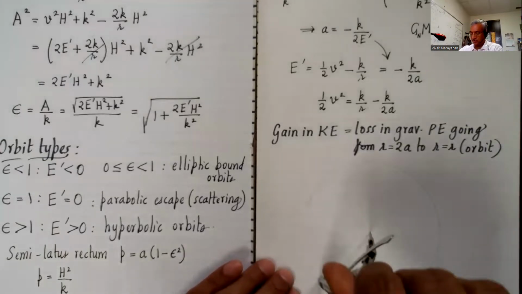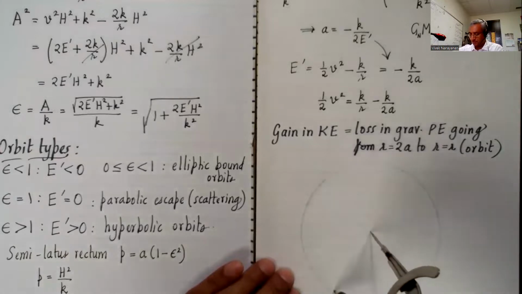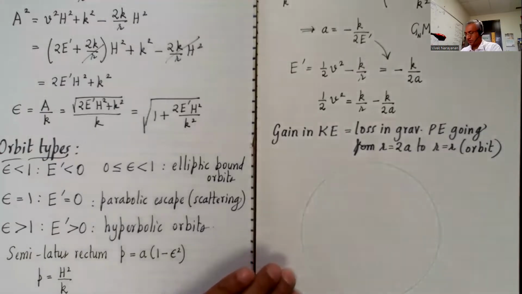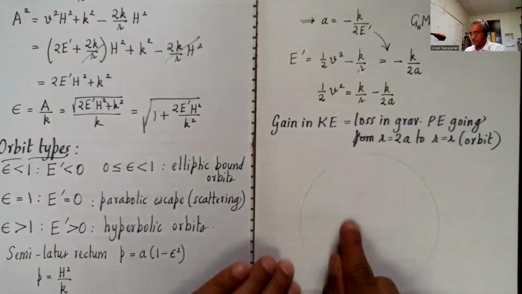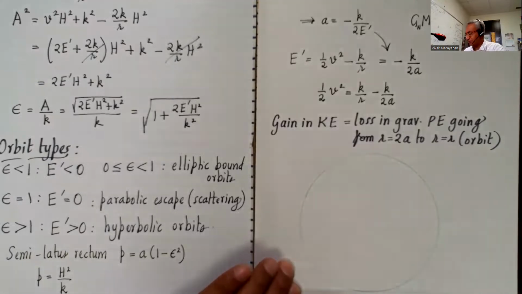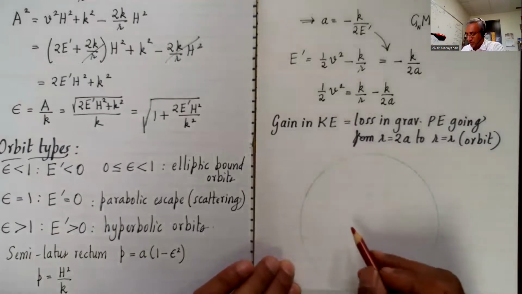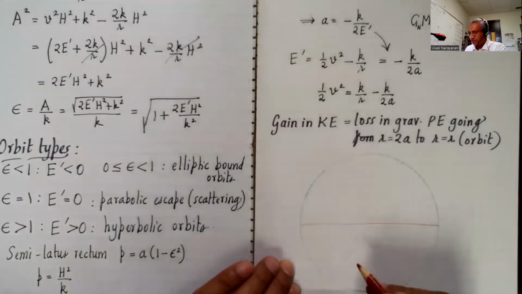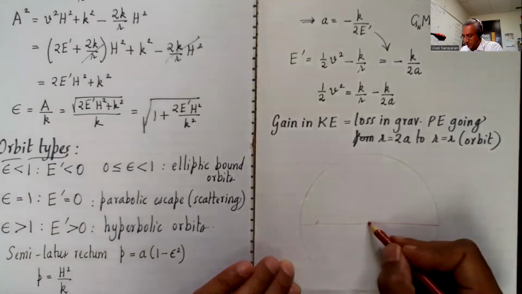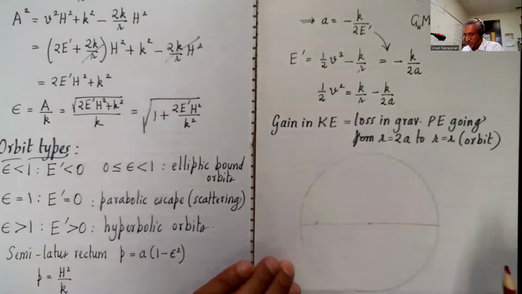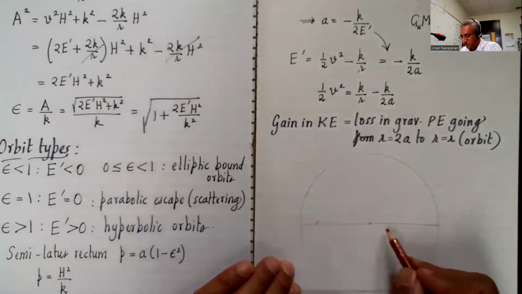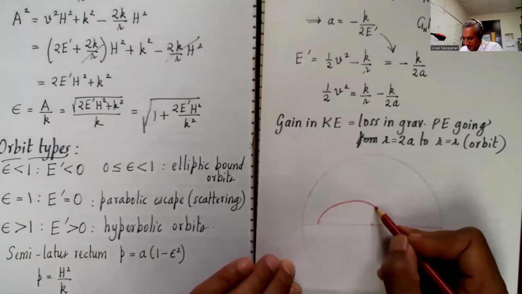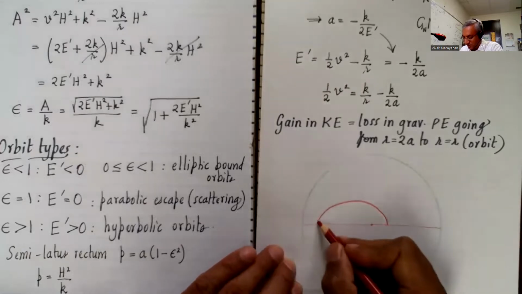I didn't want to take any chances, so I brought my compass along. So that's a circle of radius 2a, which means that the diameter is 4a, all right? So the ellipse has got a total length of 2a itself, and the focus of the ellipse is going to be here. So I have to make sure that I take as much from here as I give on this side. So this time I'm actually being a slightly more careful artist than I was earlier.